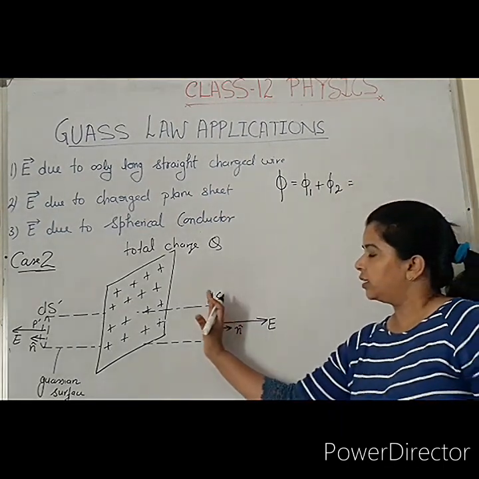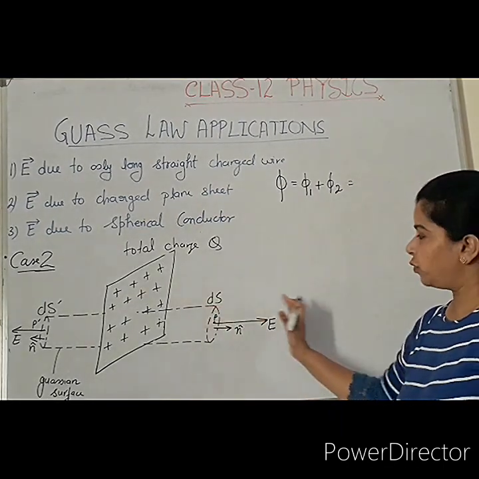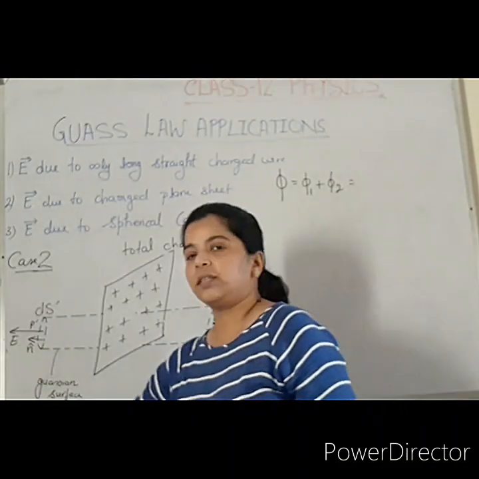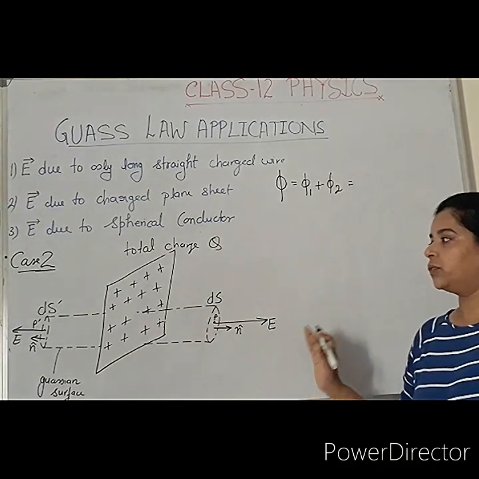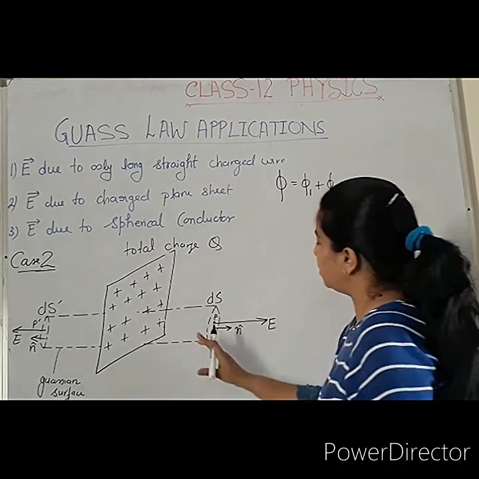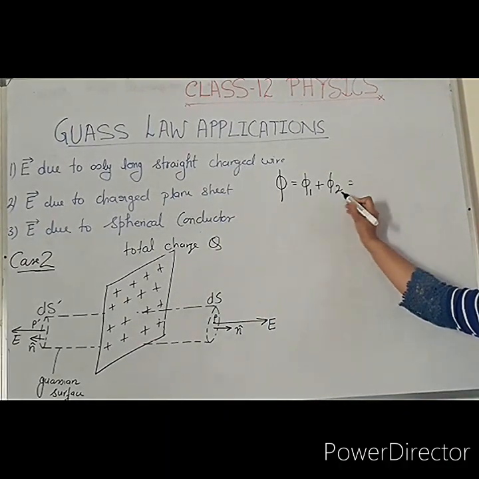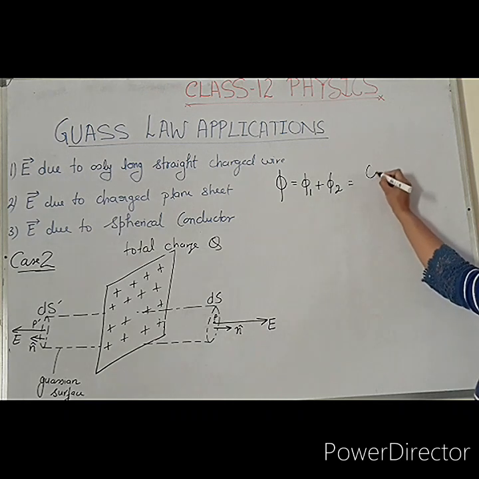You will not say that it is the positive x-axis, so flux will be positive, or it is the negative x-axis, so the flux will be negative. No, flux is based on the sign of charge. So charge here is positive, so flux will be positive. So phi 1 plus phi 2 is equal to Q divided by epsilon naught.